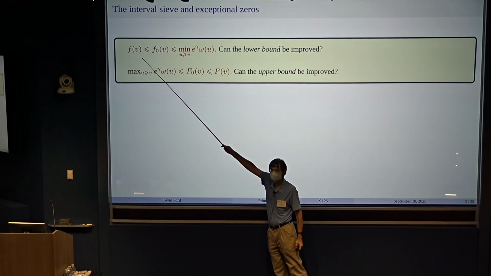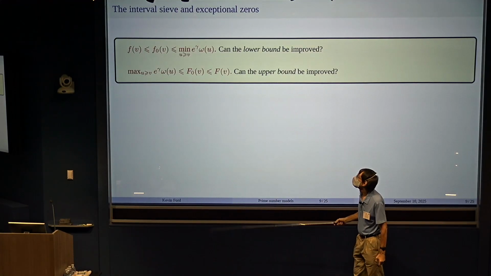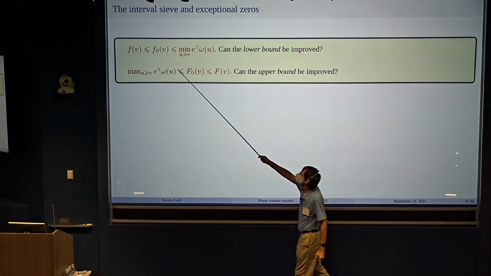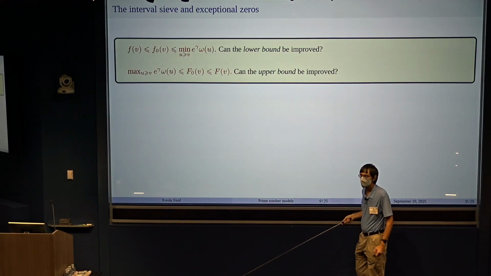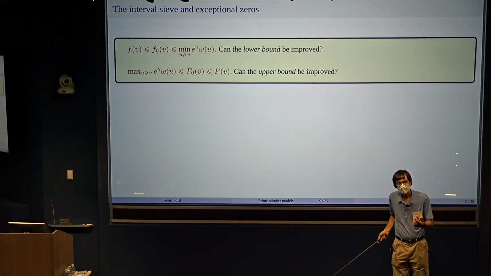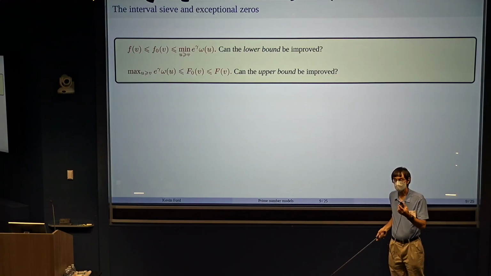For v equals 2, the lower bound is 0. Can we improve that to anything? Can we improve the upper bound here, coming from the linear sieve? Now, the linear sieve is known to be optimal, but it's known to be optimal because of certain examples of Selberg type.